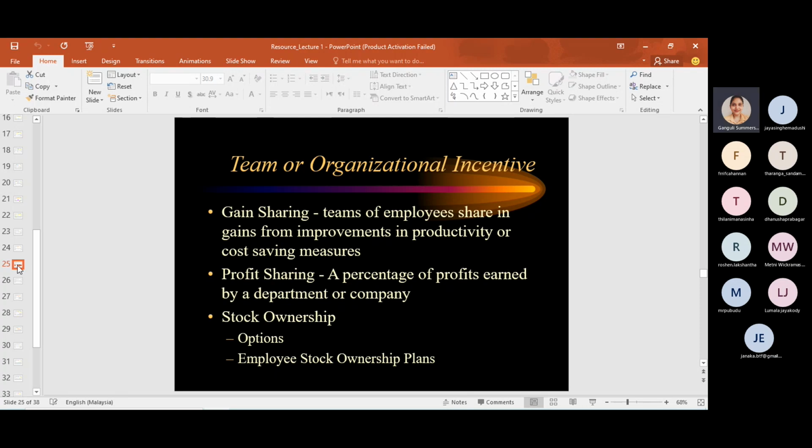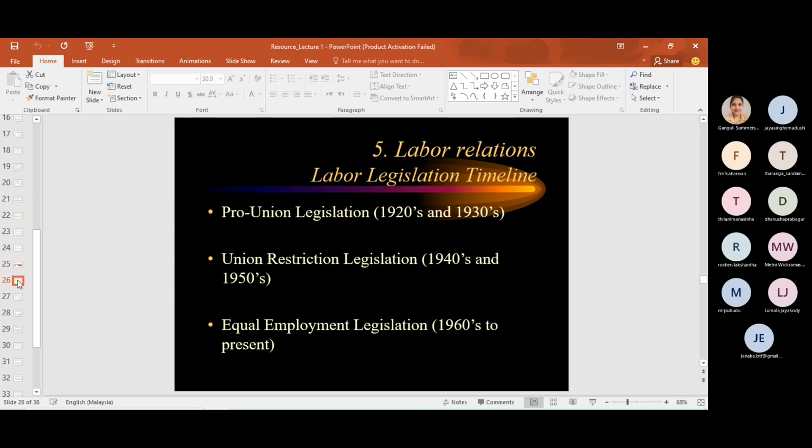You can buy them alone, but you can buy them in groups as well. You can get together with a few of your friends and buy a stock of a company, so you can buy them as a team too.